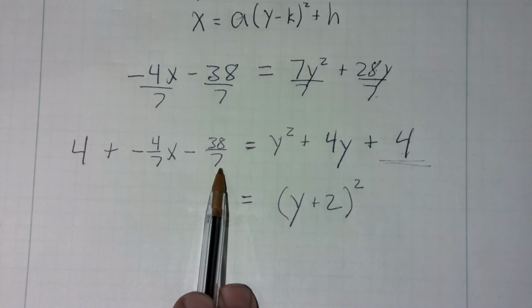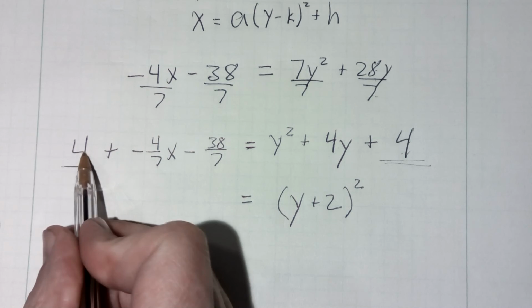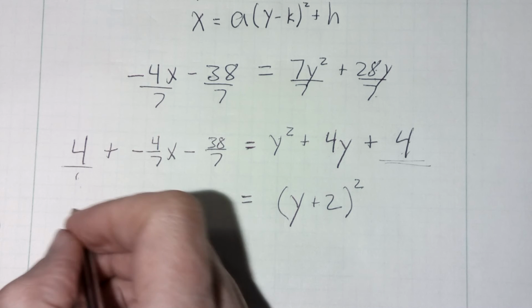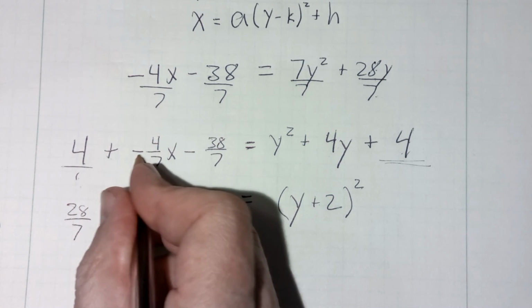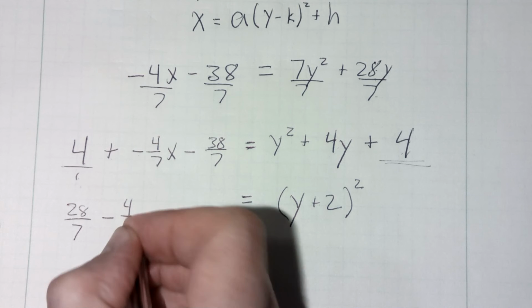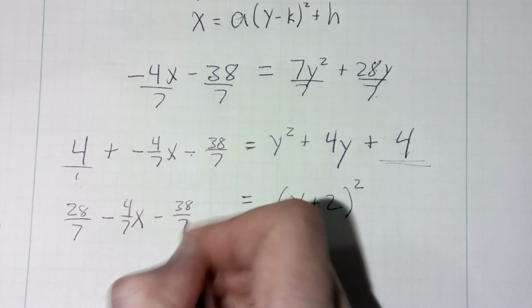So I need to get a common denominator. I'm going to make that 4 over 1, and multiply top and bottom by 7. So that's going to be 28 over 7 minus 4/7 x minus 38/7.